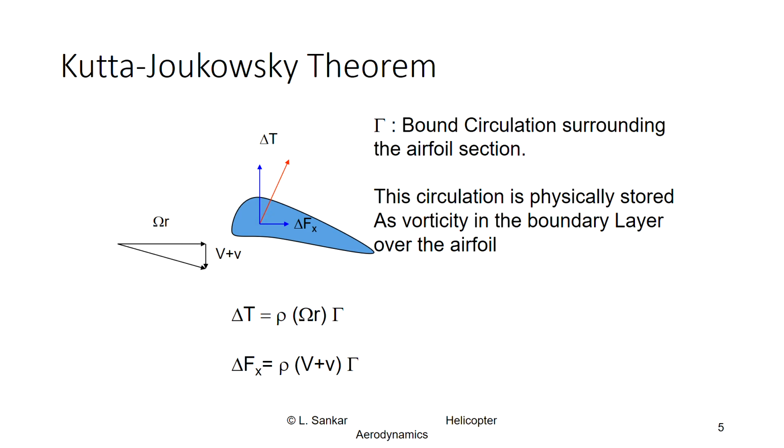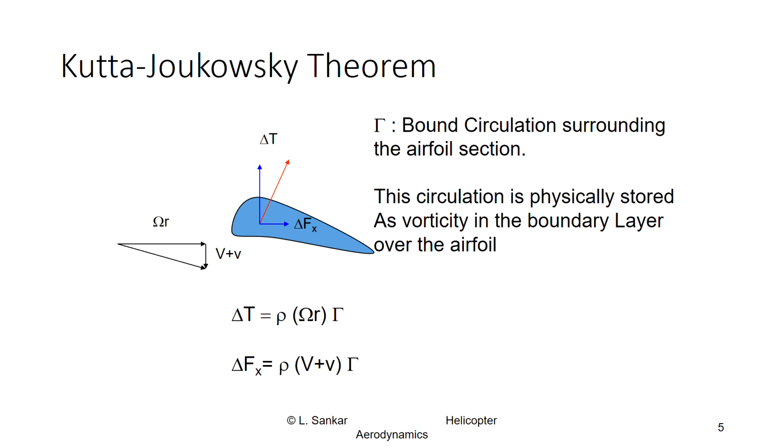Okay. So if you use Stokes theorem, which is the vorticity times the area, you'll get a circulation. You could also compute a circulation using a line integral of velocity dot distance over a contour that is surrounding the airfoil. So this circulation is called gamma. So this circulation would be in the clockwise direction.